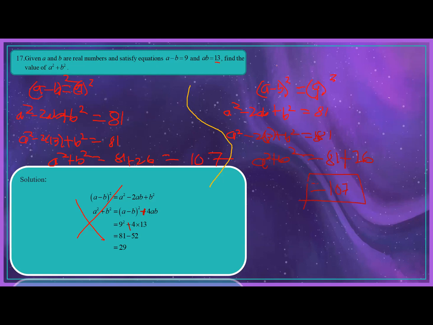So from here we have a squared plus b squared equals 107.